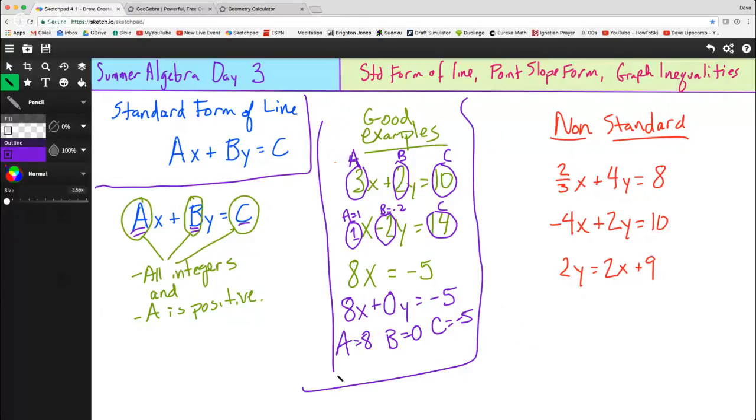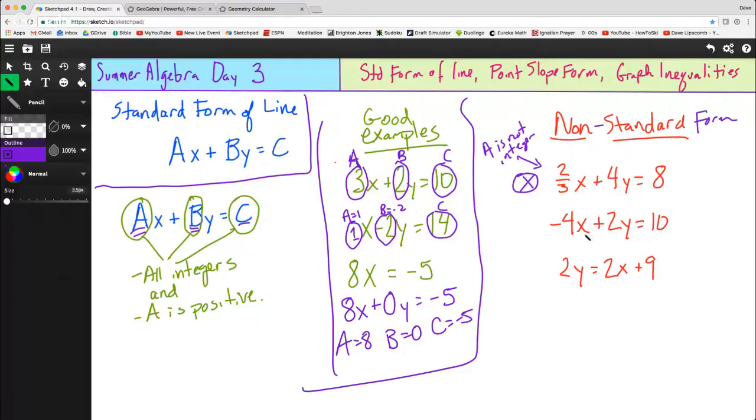Now, these examples over here are not standard form. These are not in standard form. And why is that? This is not in standard form because our a is not an integer. So this is not in standard form. I'll show you how to put all of these in standard form here in a second.